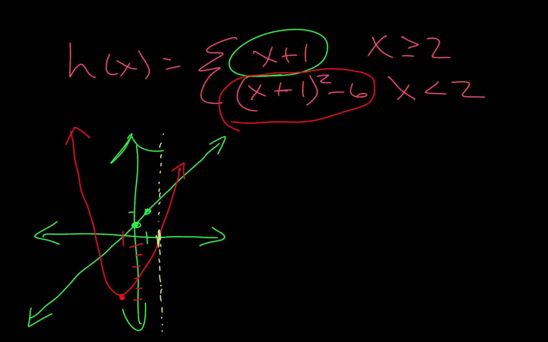Okay. Now, for this first one, the green function, we only graph it to the right, or greater than or equal to 2. So only to the right of 2. So I'll take my eraser. Anything to the left of 2, I'm not going to draw.